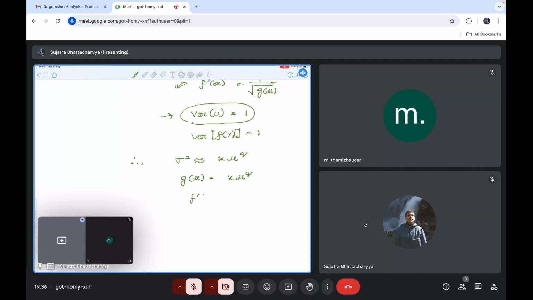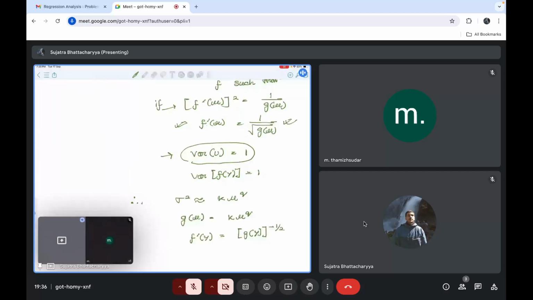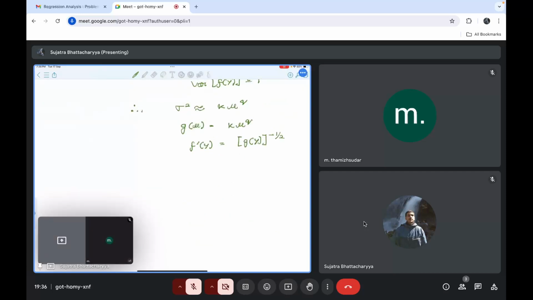So f dash y will be, say, g of y to the power minus half. From this, we were writing f dash mu is equal to 1 over root over g mu. Instead of mu, we were writing y. That's all. Okay. So therefore, f dash y is nothing but y to the power minus q by 2.